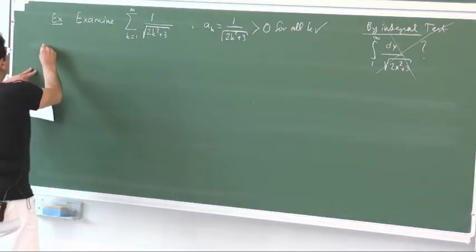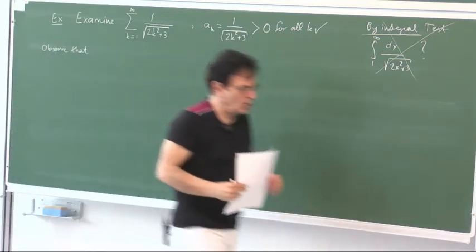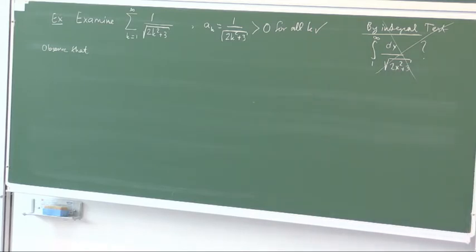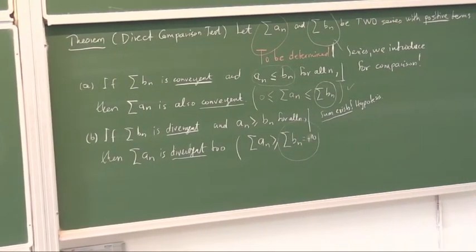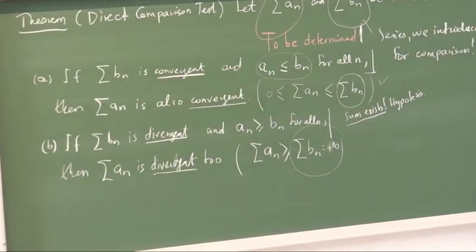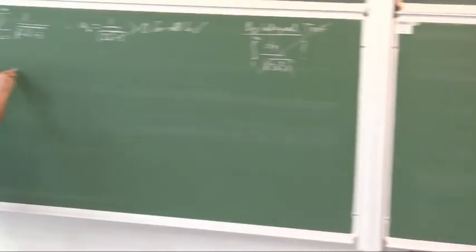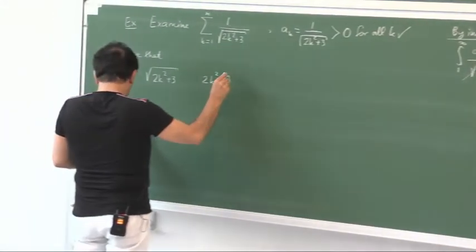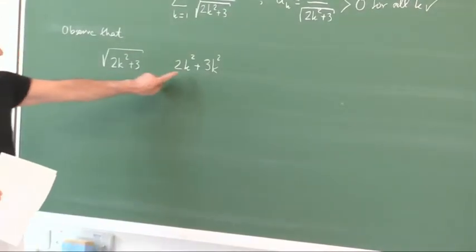Look, so here, we have to obtain a relation which is in agreement with the two statements in our theorem about the direct comparison test. Good? So we observe that 2k squared plus 3 under the radical side, let's compare it with 2k squared plus 3k squared. Okay? Observe that I multiplied 3 by k squared.